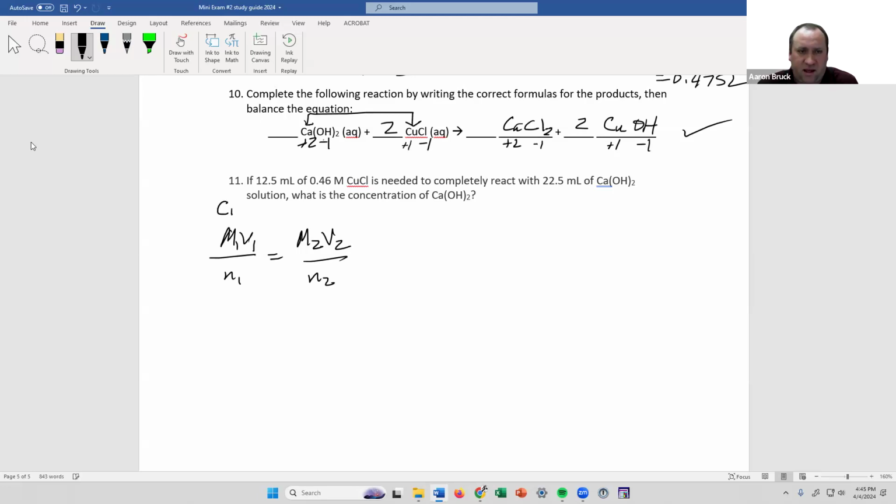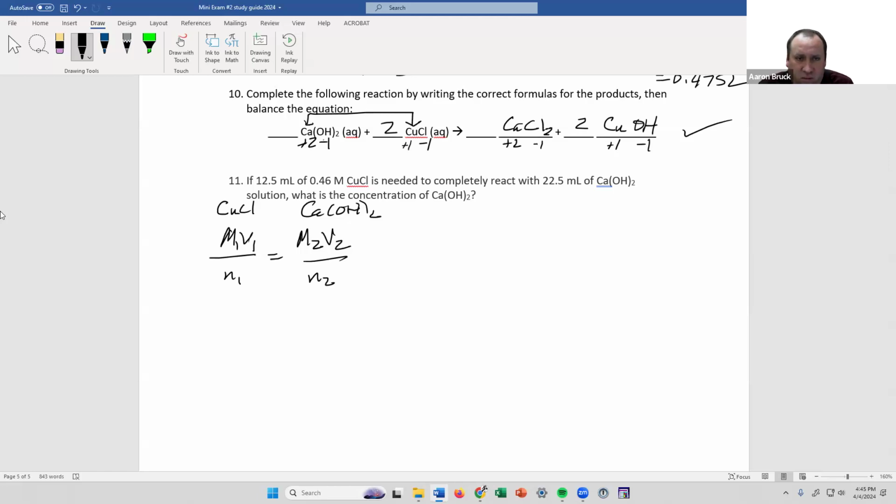I'm going to make this side the copper chloride side. I'm going to make this side the calcium hydroxide side, just so that I keep everything straight and don't accidentally cross things over that aren't supposed to be crossed.